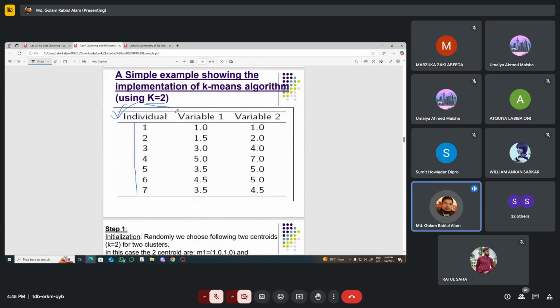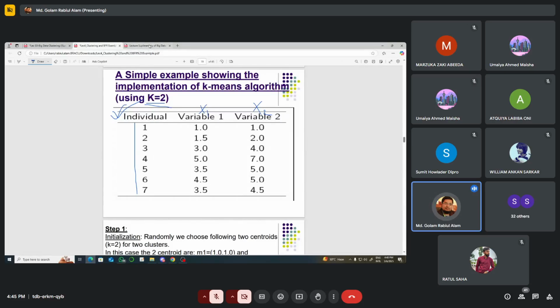I have used this data set. In this case we have only 7 individuals and two variables, variable 1 and variable 2. We want to form two groups of individuals based on these two features, x1 and x2.